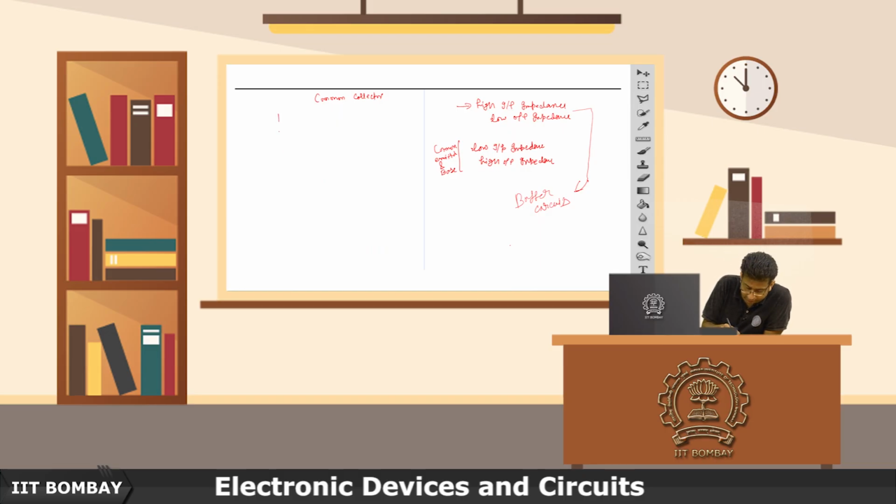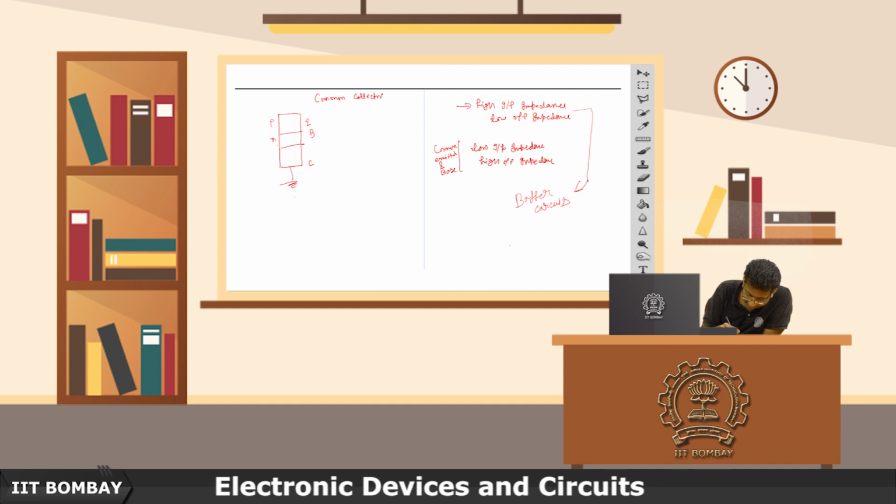So, if I just draw it again, let us say this is my collector. This is emitter, this is base and this is common.